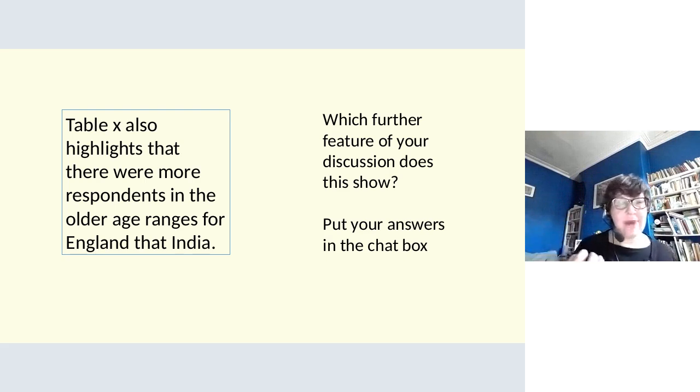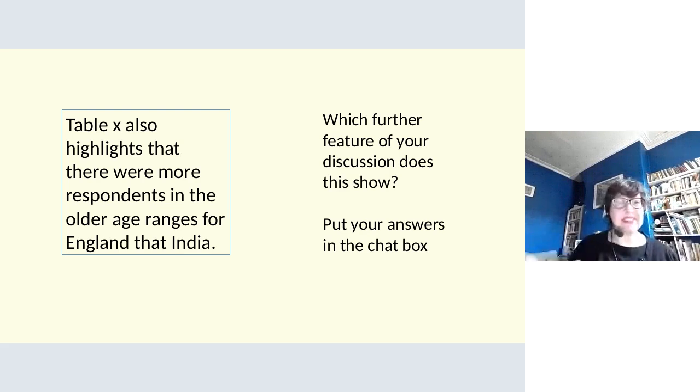Andrew, identifying areas of possible sample bias. Brilliant. Yes, because it's saying these were my results. Now we need to think, is this possibly again why we've got these results? Could there be a bit of bias? That's a really excellent response, because that's something you should comment on if you are using a sample. Mariam, it's about the participants.